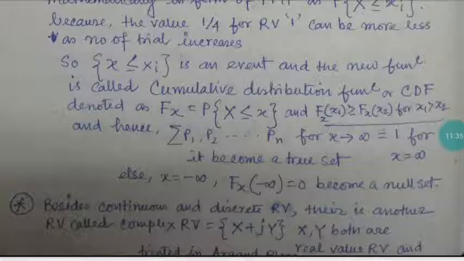But here the fact is that PMF is only for discrete values, the CDF is for the continuous RV we are considering here. Besides continuous and discrete random variables, there is another RV called the complex random variable. It can be represented as x plus jy terms. So x and y are both real random variables and treated as another phase of this.